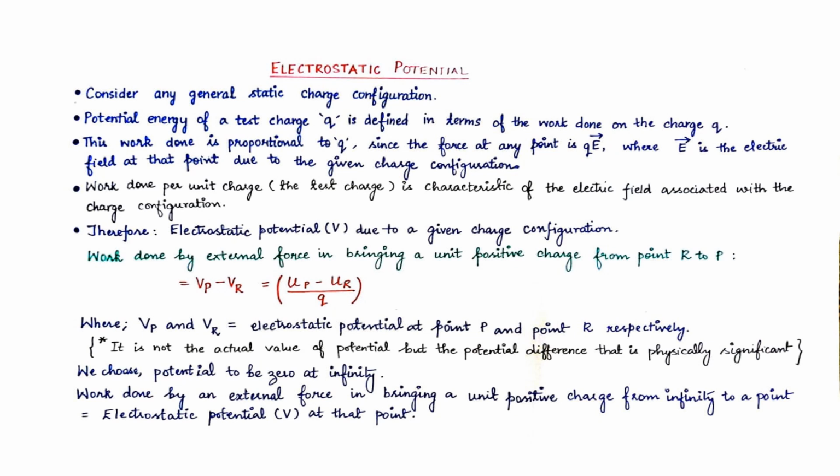First of all, we are considering a static charge configuration. We have one charge here which is static in nature, and another charge at some point which is also there, and we are not trying to move it at present, but that is a unit positive charge.